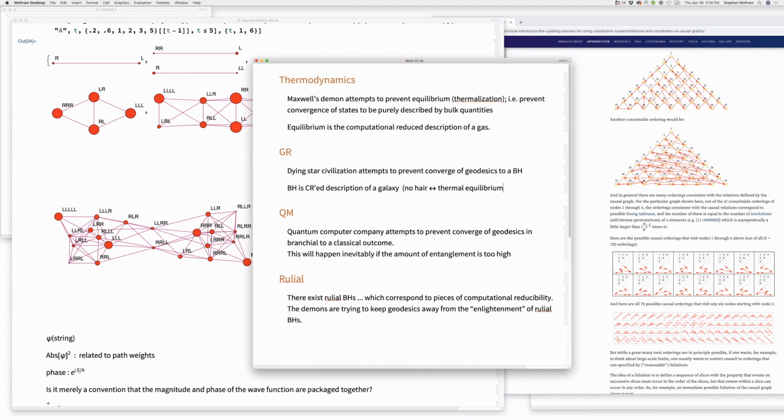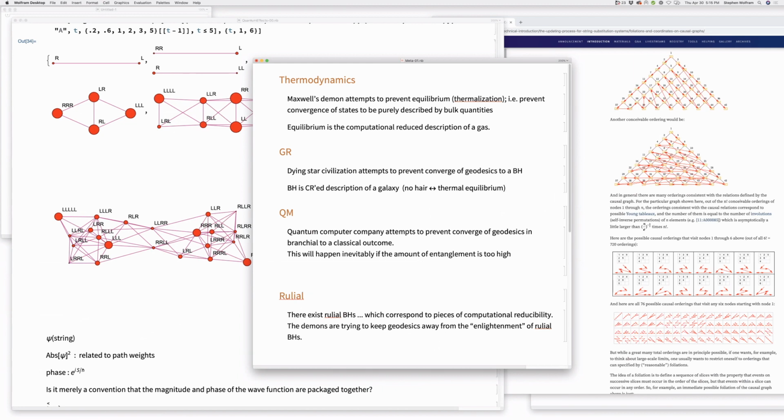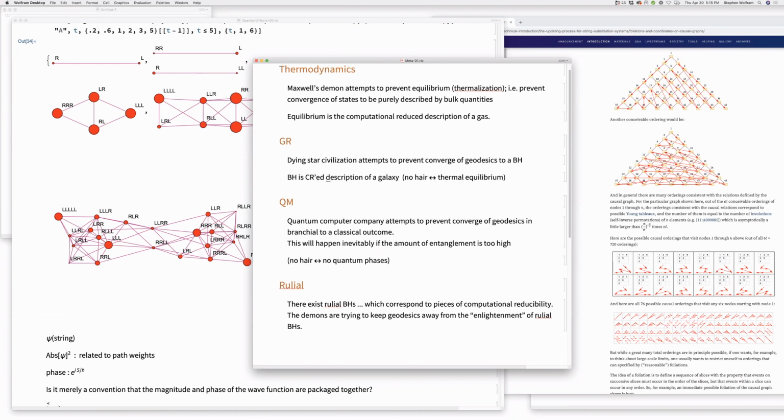So now what's the analog of no hair? So the analog of no hair here is no quantum phases. Right. You just have one eigenstate. Okay. So now in the Rullial case, you just have one algorithm.